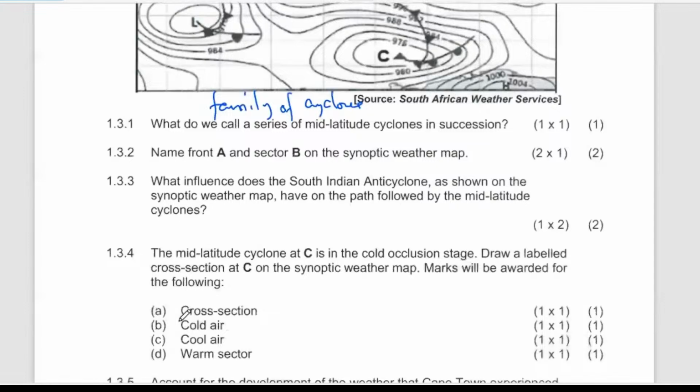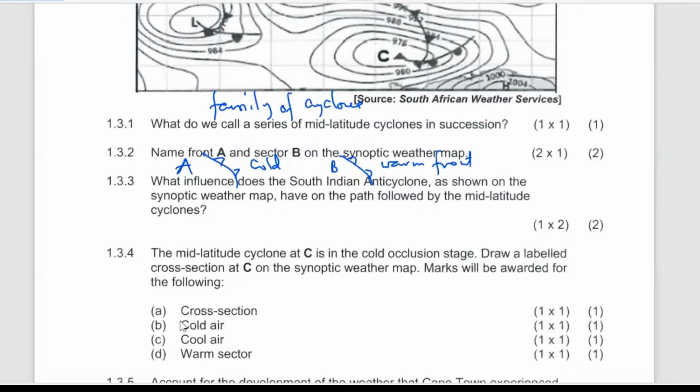What differs between those types of fronts, we must just figure out, like our A, if we try to check, our nature of the front is like this. And if we see this symbol, it means this is a cold front. And if our front has got this symbol, which is more like a semicircle, it means that is a warm front.